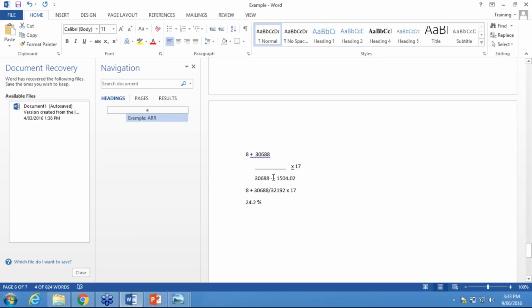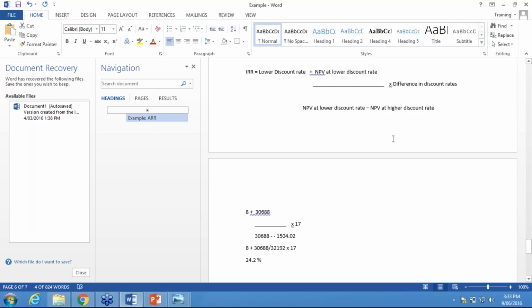That's why I have mentioned you have to put a negative sign, and the other figure was already negative. So negative plus negative, you can say positive in the mathematical sense. And you need to multiply by the difference in discount rate. Difference in discount rate means 25 minus 8, that is 17. I have just solved this equation and this is my IRR.